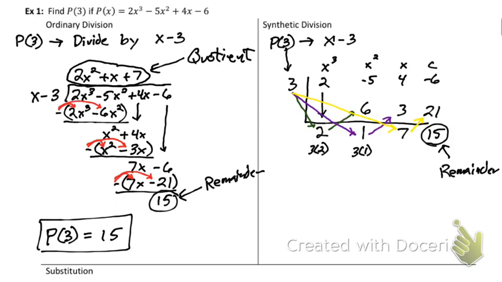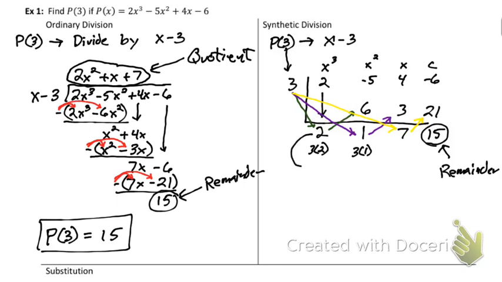And your quotient is kind of hidden right here. We started with x cubed, and you're going to drop a power for all of them. So this is going to be your x squared, this is going to be your x, and this is going to be your constant.